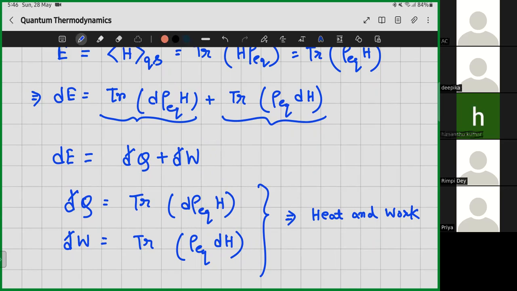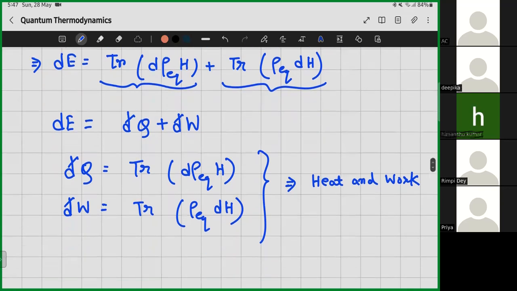Is it equal to d cross q or is it proportional to d cross q? It is considered equal to d cross q. But just looking at this form, it's difficult to predict whether it will be an exact or inexact differential. Okay, I have to think on this.